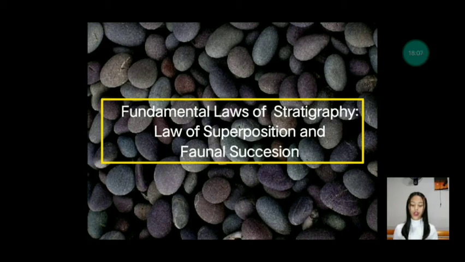His short familiar work, De Solido Intra Solidum Naturaliter Contento Dissertationis Prodromus, a provisional report on solid bodies naturally embedded in other solids, included several propositions that help scientists examine and study all kinds of rocks.